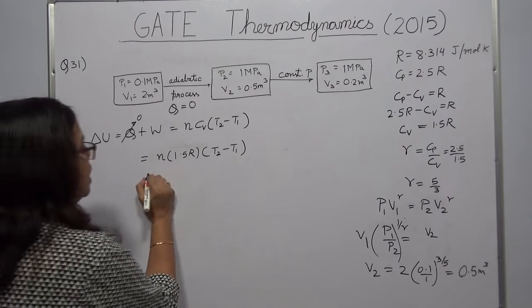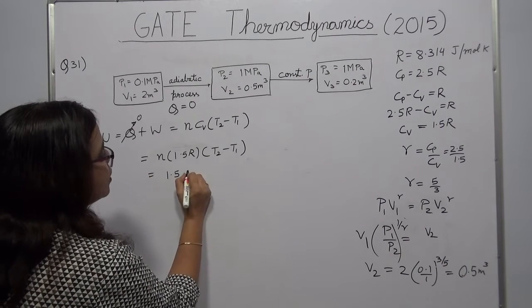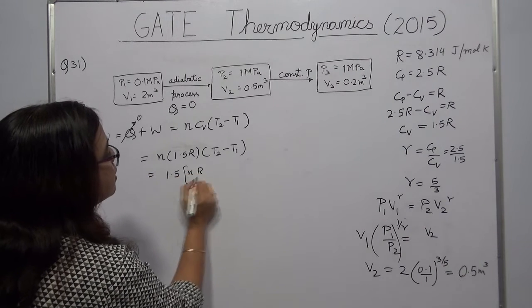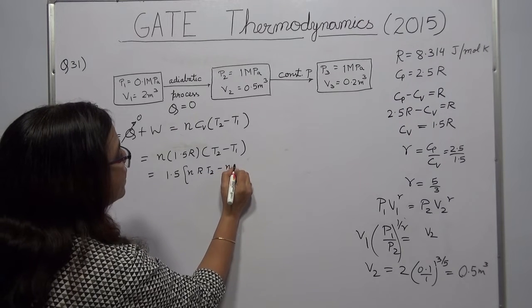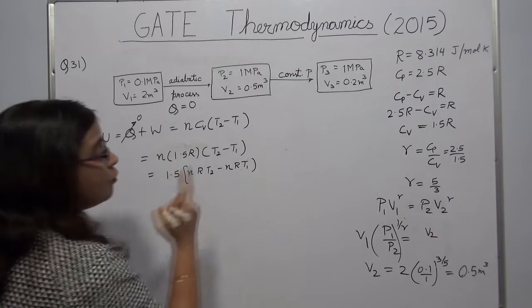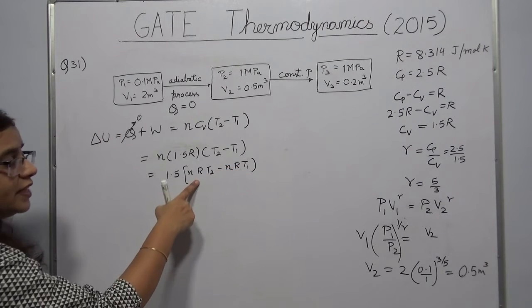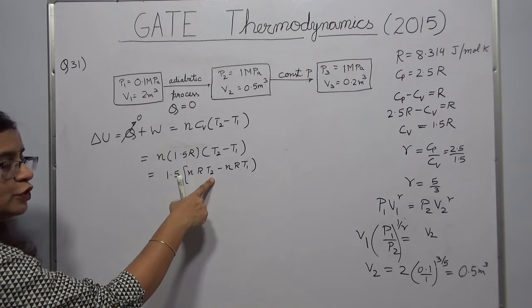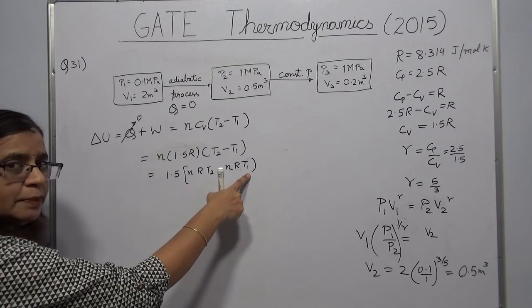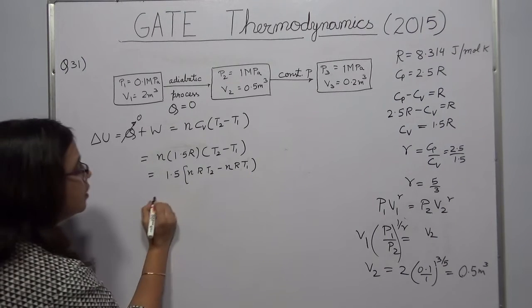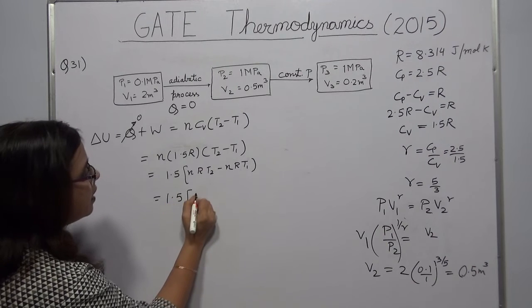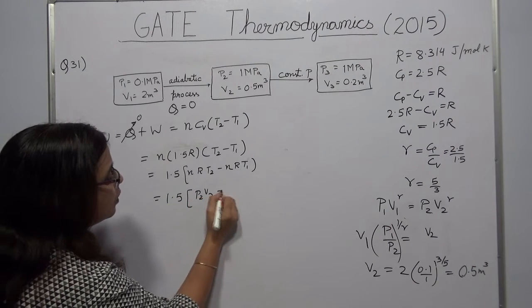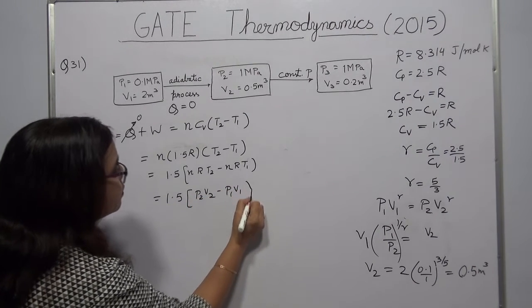Now I will take 1.5 outside and write NR T2 minus NR T1. From the ideal gas law, you know that NR T2 will be equal to P2 V2 and NR T1 will be equal to P1 V1. So 1.5 times (P2 V2 minus P1 V1).